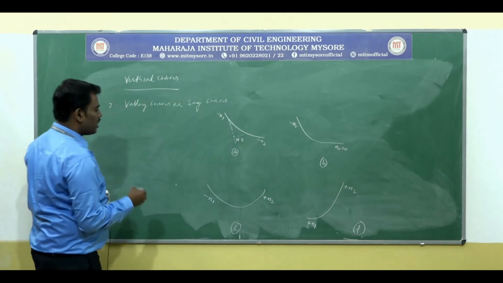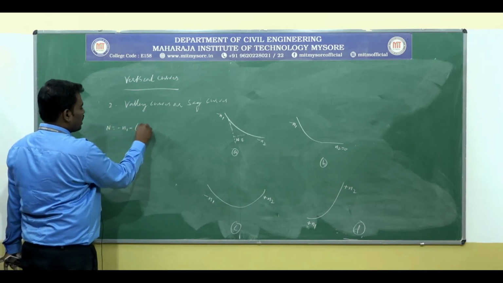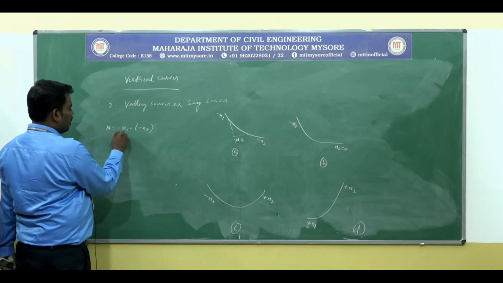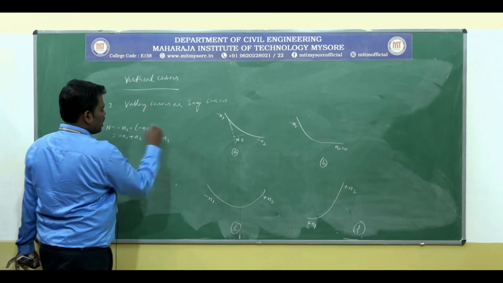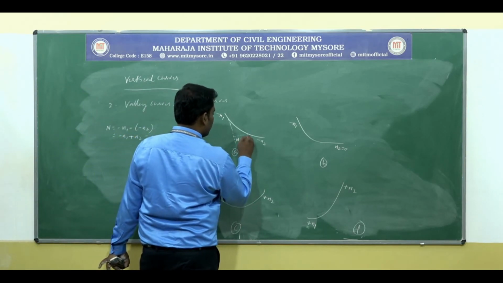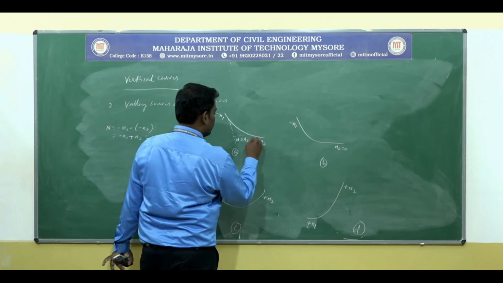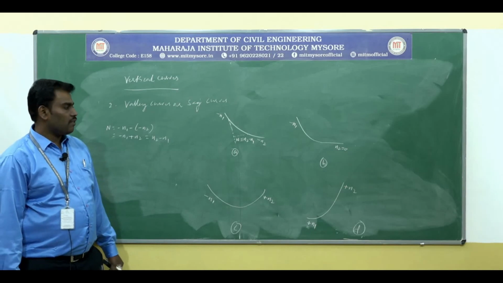Minus n1 minus n2. That is n equal to minus n1 minus of minus n2. It becomes minus n1 plus n2, that is equal to n2 minus n1. So n2 minus n1 is the deviation angle for the first case.